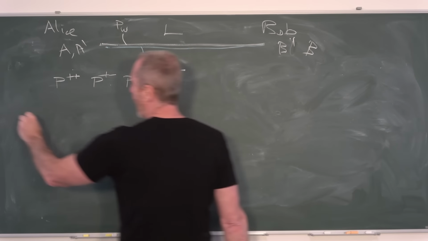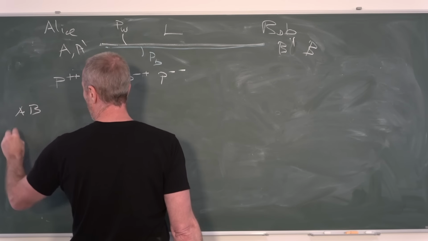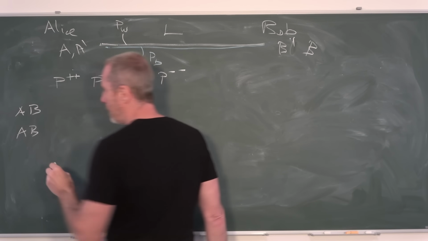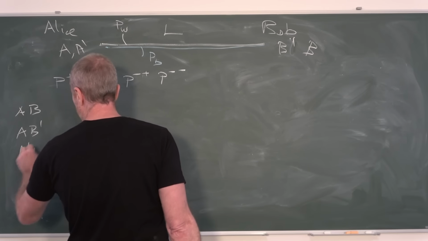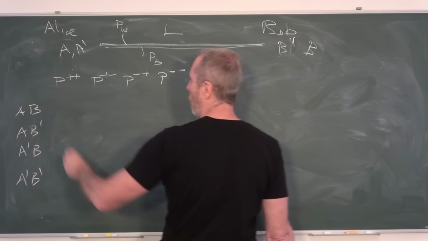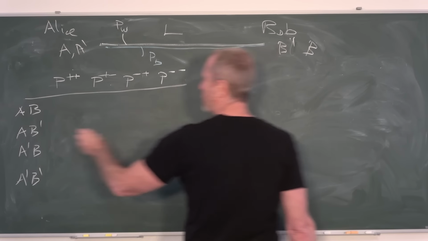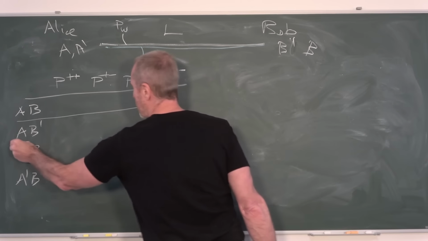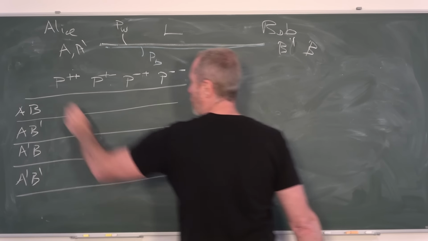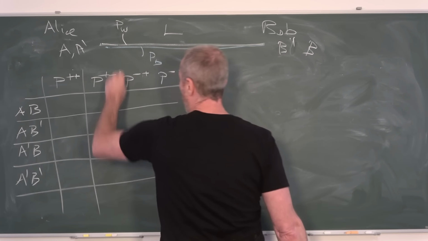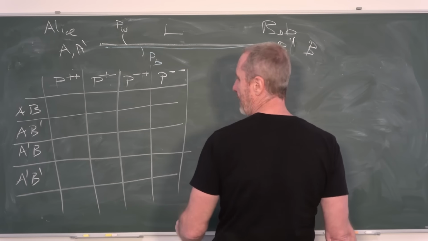And now here I have the four possible measurements, AB, AB prime, A prime B, and A prime B prime. Okay, these are all the situations. So now let me construct a table here. That's not difficult. This is the table. So we will have all the possible values.